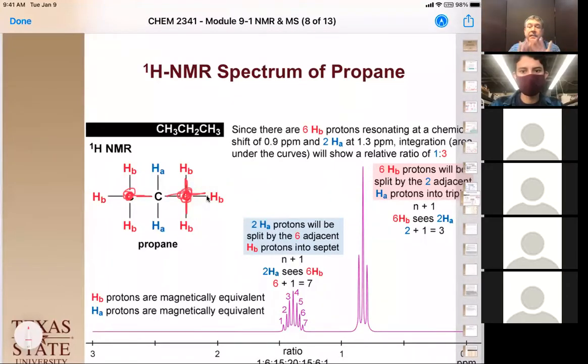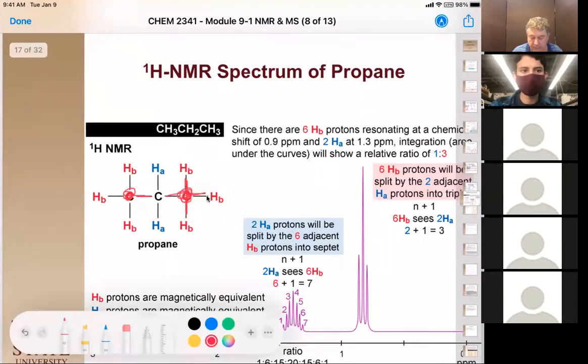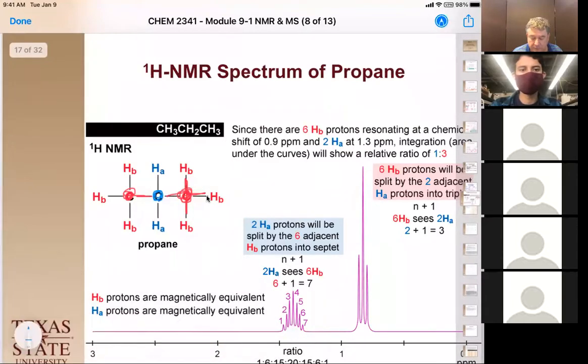They have the same deshielding and shielding because they are chemically the same. Now the middle ones can't be the same because that carbon only has 2 hydrogens on it. Therefore, we have a different structure, so they must be magnetically different than the other 2, and we're going to say these two hydrogens here are magnetically different.